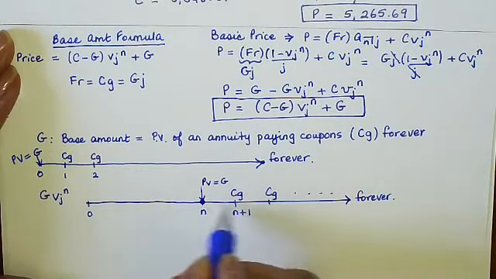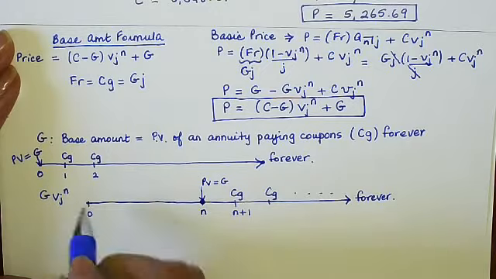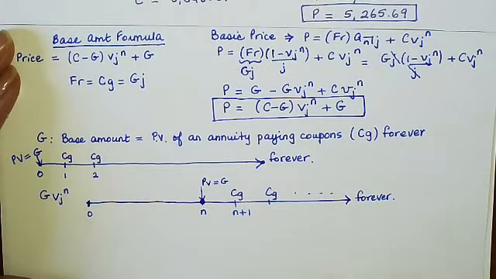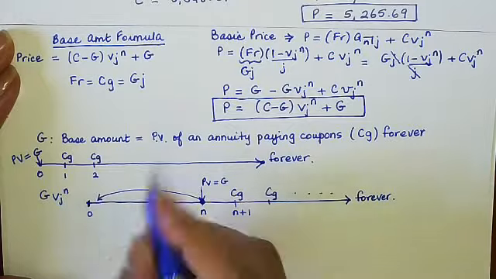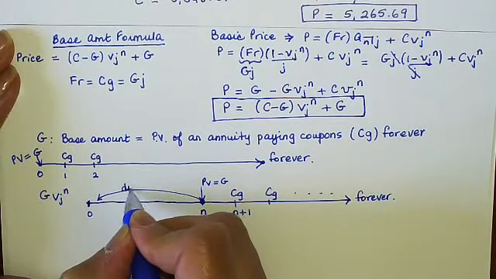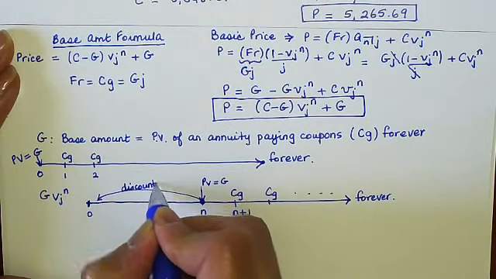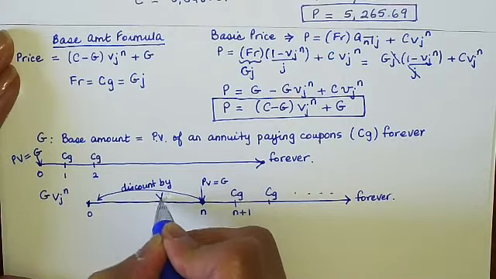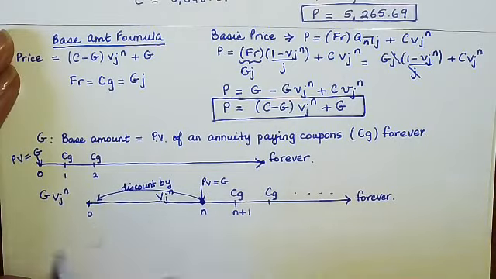But I'm not looking for the present value at time n, one period before the first payment. I am looking for the present value at time 0. So I better discount that G by multiplying by Vj to the nth power.